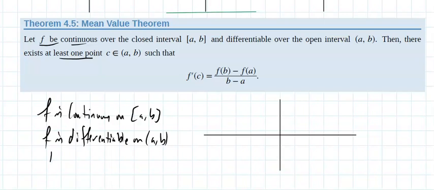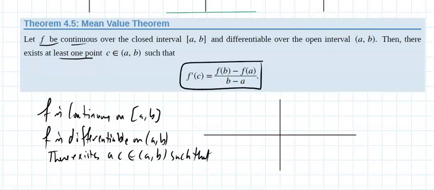So there exists a c in the open interval such that the slope of the tangent equals the slope of the line.